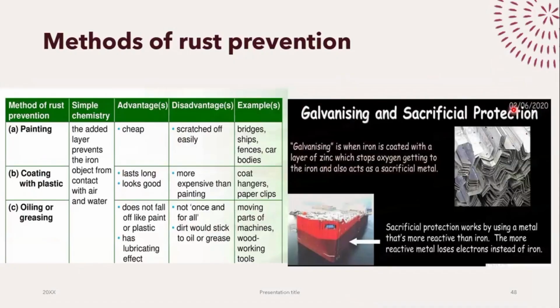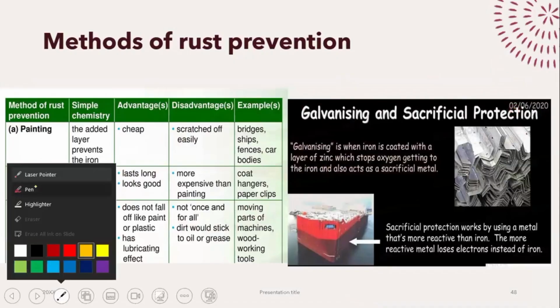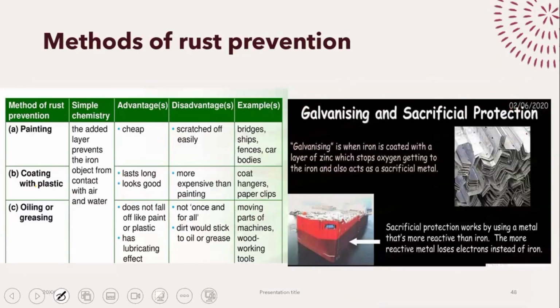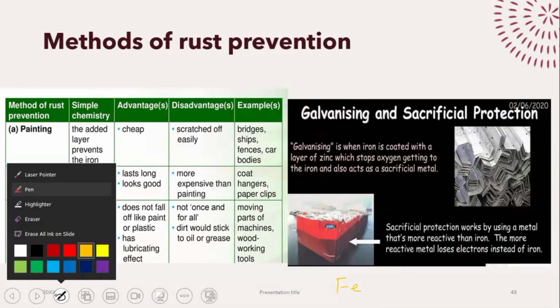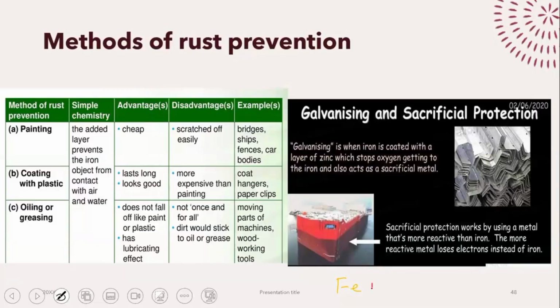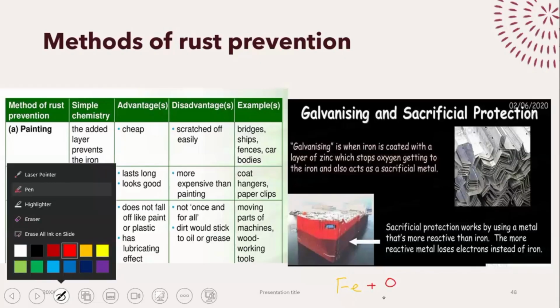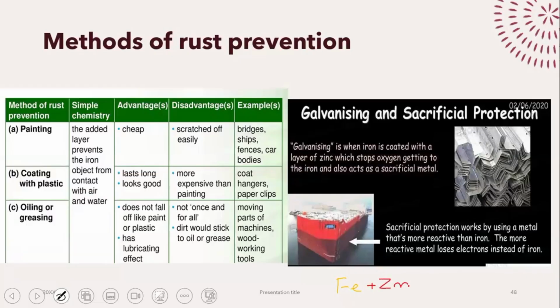What I'm doing is, let's say that I have a piece of iron, okay? And I want to prevent it from rusting. If I want to prevent my piece of iron from rusting, what am I going to do? I'm going to go ahead and cover it with a more reactive metal. So let's say our more reactive metal is zinc. Zinc is more reactive than iron. What is going to happen?